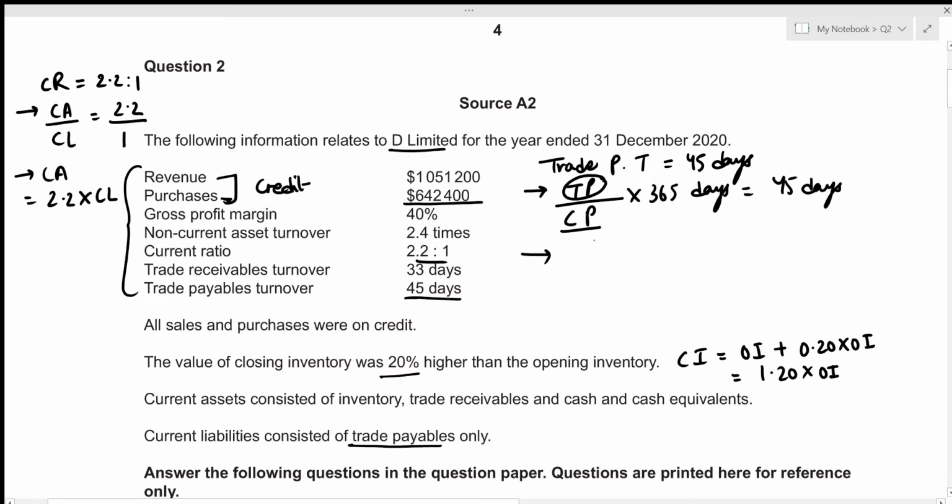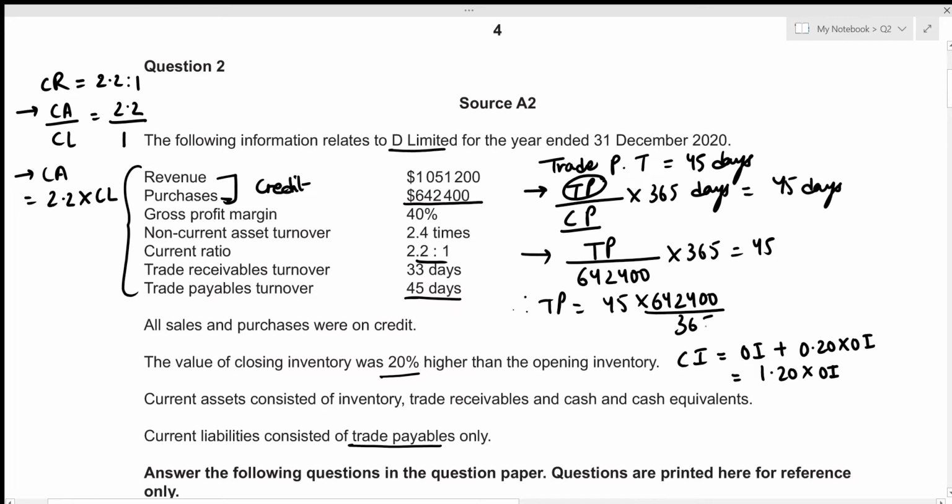Let's substitute that. So that's trade payables divided by 642,400 times 365 equals 45. This means that our trade payables is going to be 45 times 642,400 divided by 365, which results in 79,200.